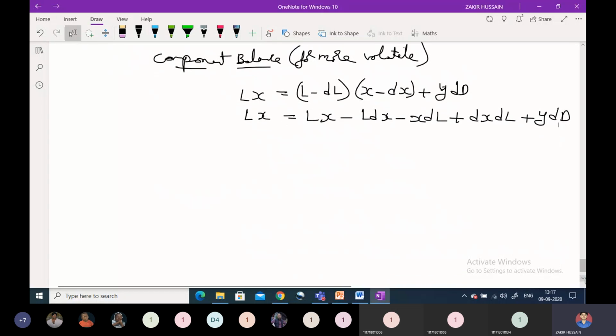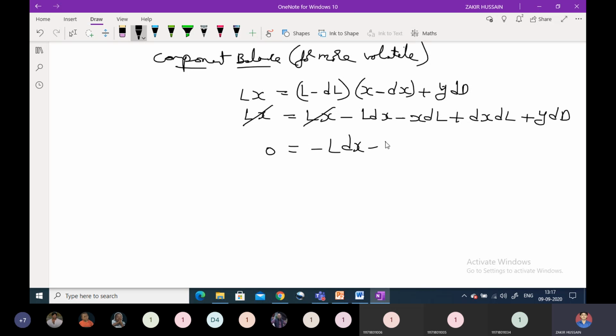Let's cancel out the terms: LX and LX. Then what is left will be 0 equals minus L dx minus x dL plus dx dL plus Y dD.